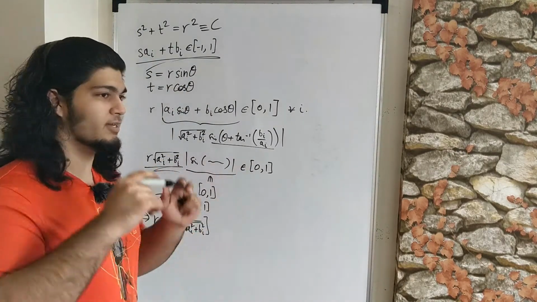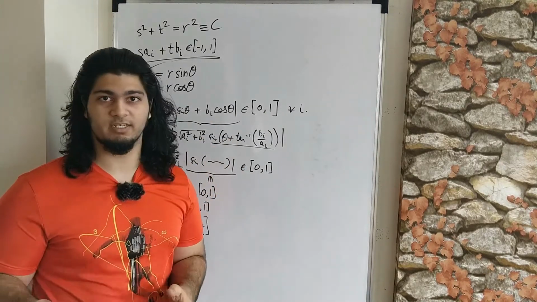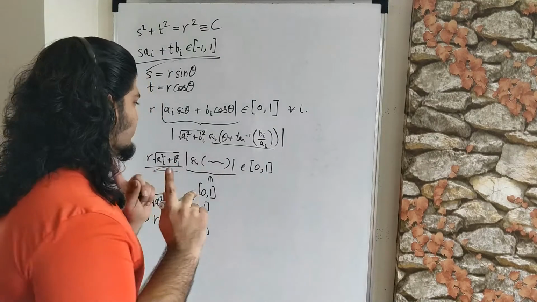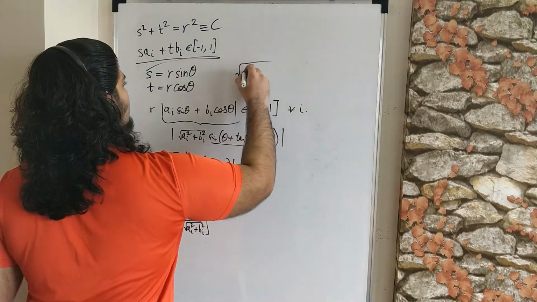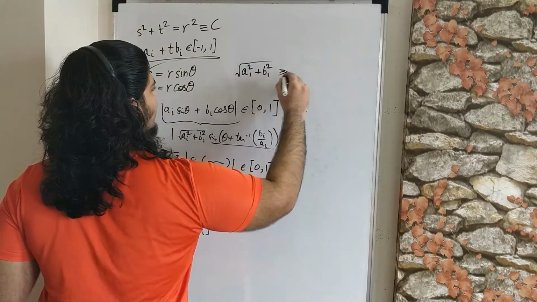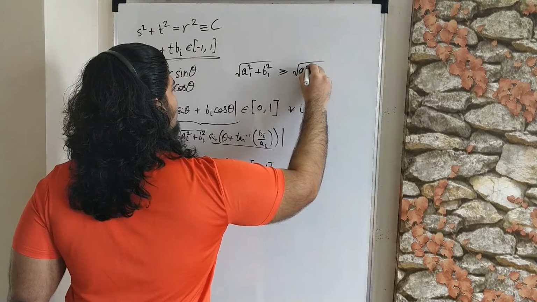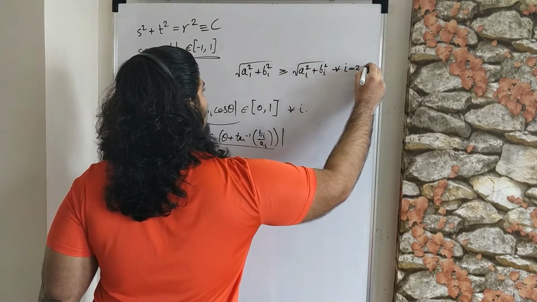They don't care about which one comes at the top of the vector, which comes at the bottom of the vector, and so on. So that means without loss of generality, we can say that root(a1² + b1²) is greater than or equal to root(ai² + bi²) for all i equal to 2, 3, 4.